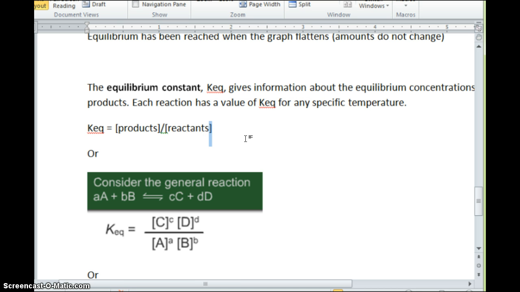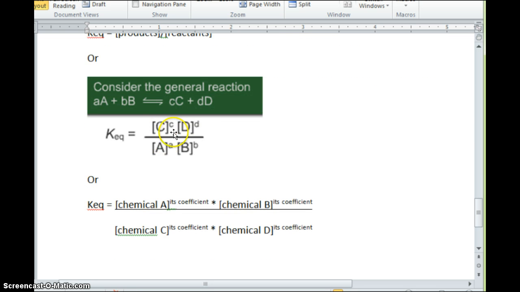Remember, whenever you see the brackets, you read it as the concentration of. Or if you like this format, it shows you here. Or if this is a little bit confusing, what it's saying is that it's the concentration of chemical A to the power of its coefficient times the concentration of chemical B to the power of its coefficient.